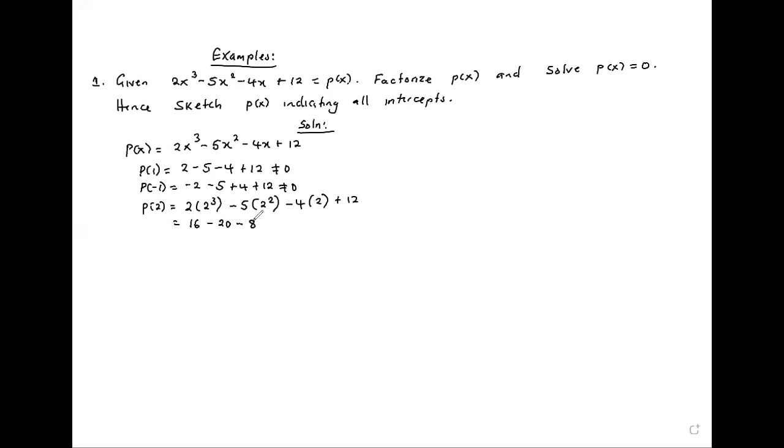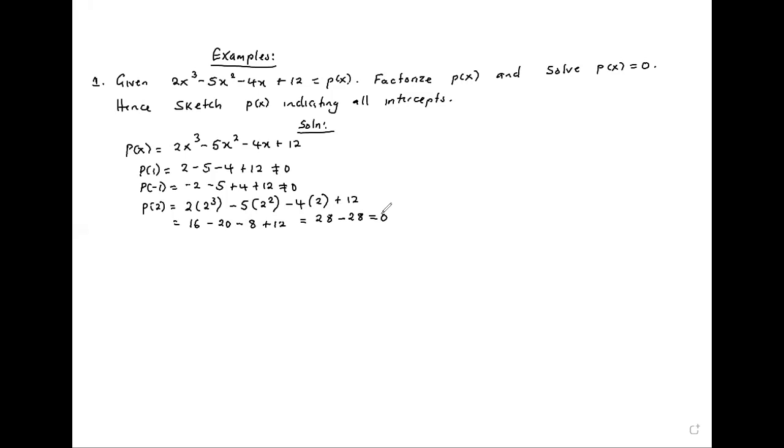Minus 8 plus 12. This is giving us 16 plus 12 is 28. Minus 20 minus 8 is also minus 28, giving us 0. So we have found a factor, 2.